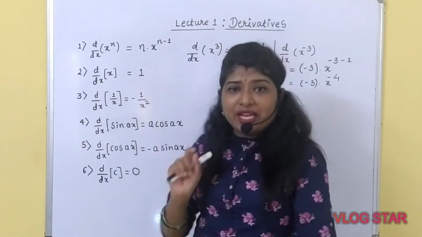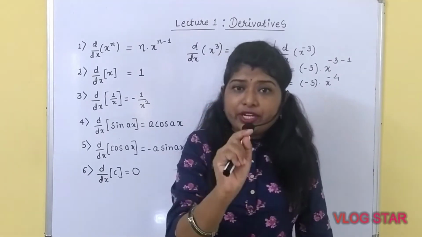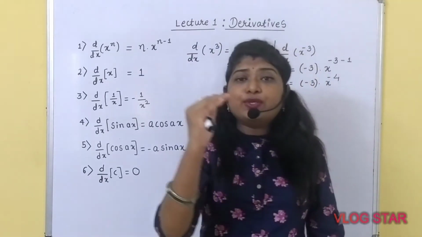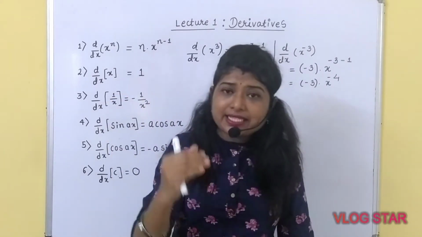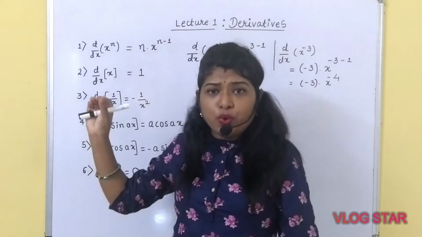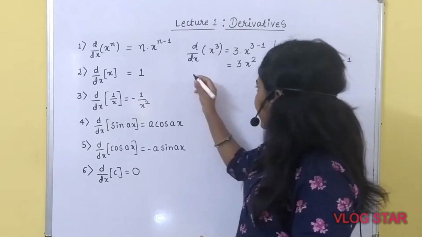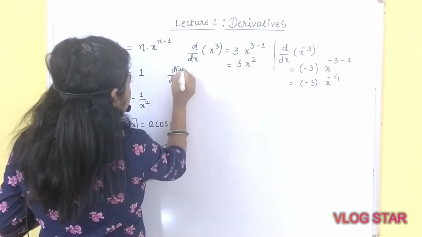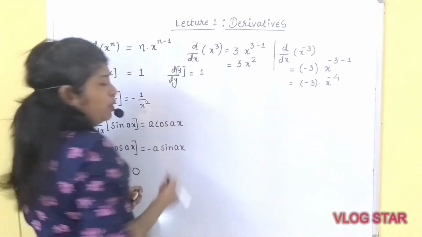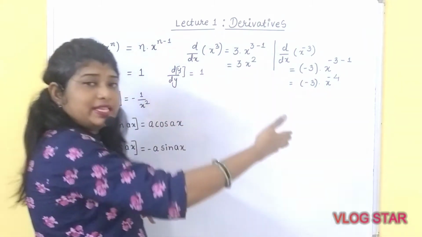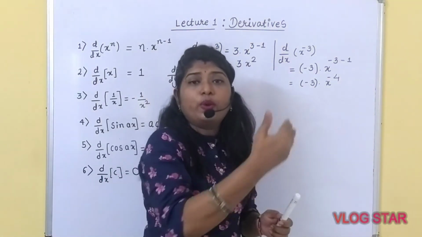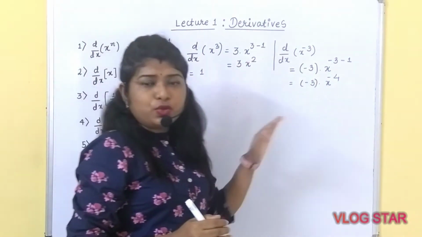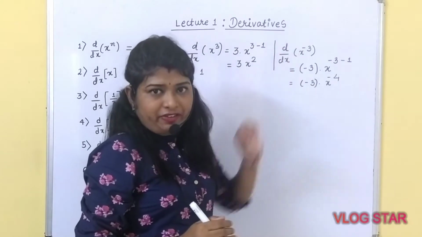So the derivative of x with respect to x is always equal to 1, the derivative of y with respect to y is always 1, and the derivative of z with respect to z is always 1. I hope you have understood the first two formulas.